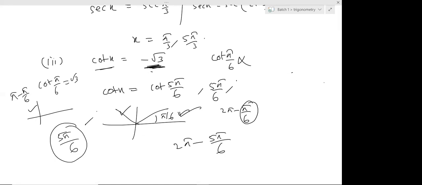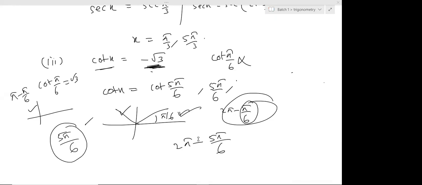Okay, sir. I mean, you can do that. 2 pi minus pi by 6 is also right. No issues there. But in the answers you have sent pi by 6, right? That is wrong. Okay, sir. So the answer is 5 pi by 6 and 11 pi by 6.